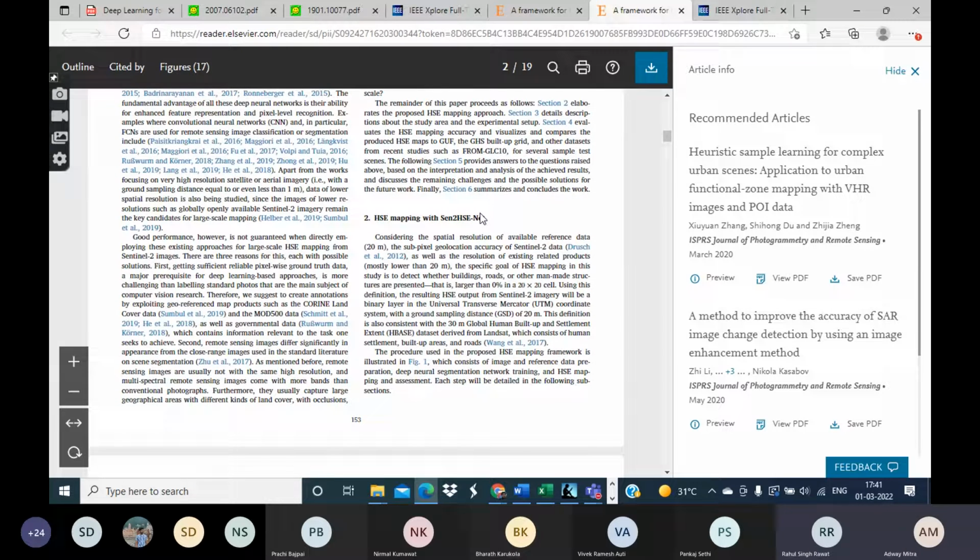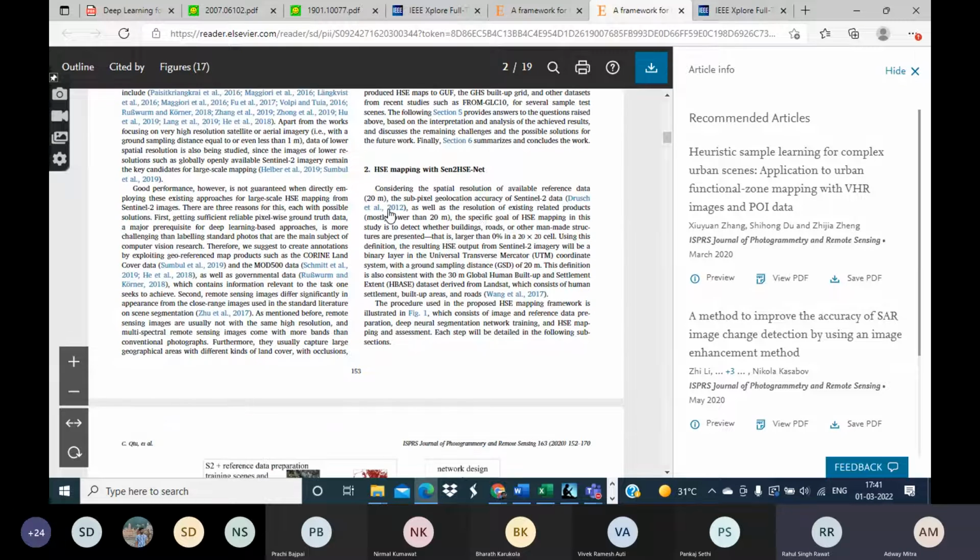Mapping with the Sen2HSE net. So considering the spatial resolution of available reference data at 20 meters. So as I am saying, every pixel of a modern satellite will be of size a few meters, that is 20 meters in this case.